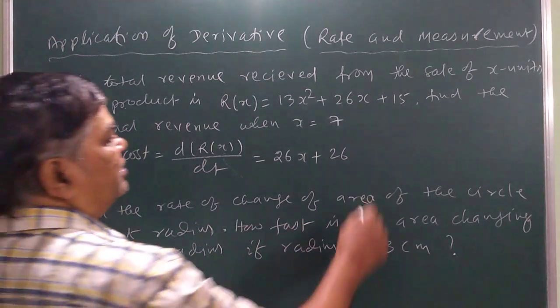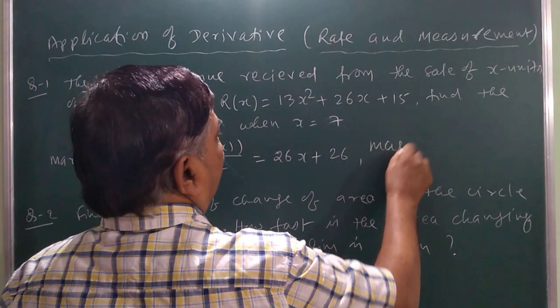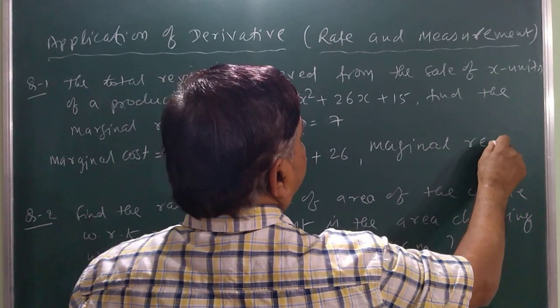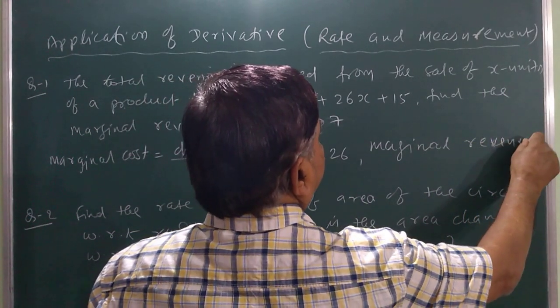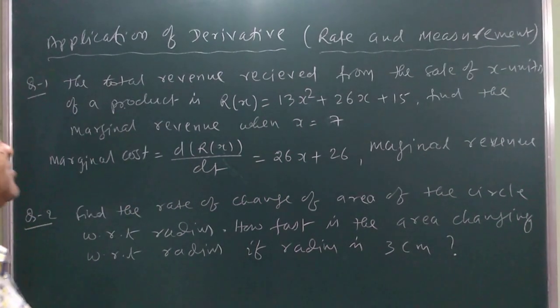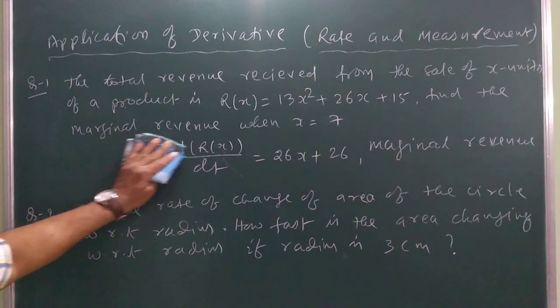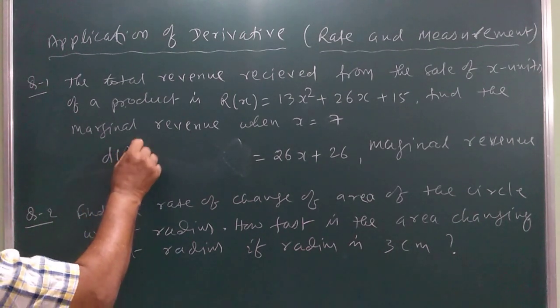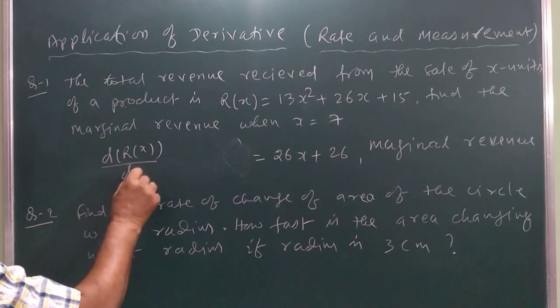Now what about the marginal revenue? For marginal revenue, you just put the value x is equal to 7 in the derivative of the function.